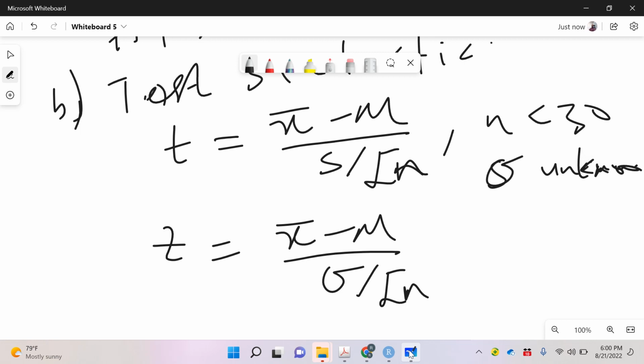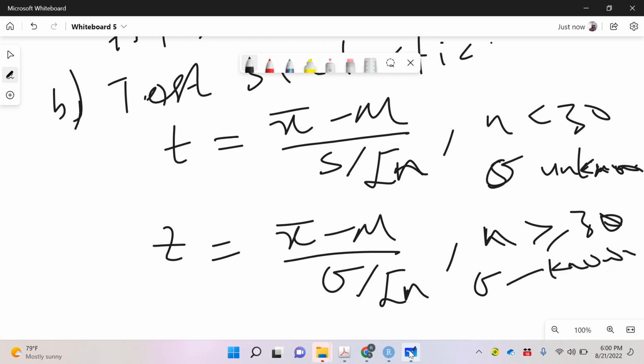Here, we are assuming that n is large, so n is greater than or equal to 30. And if n is greater than 30, then sigma may be known or unknown, whichever, it suffices. If sigma is unknown but n is large, I can still approximate it as Z. But whatever it is, in R you still use the t test.